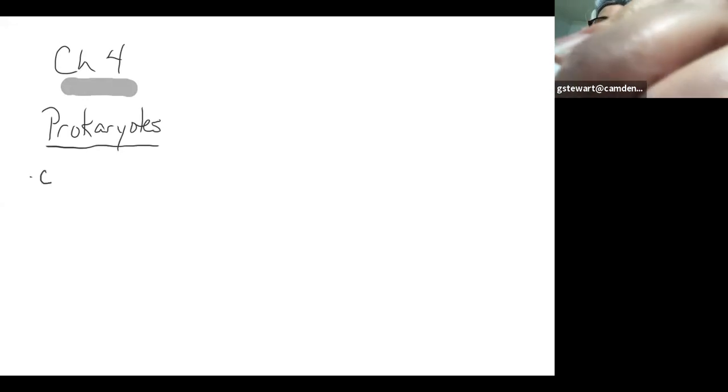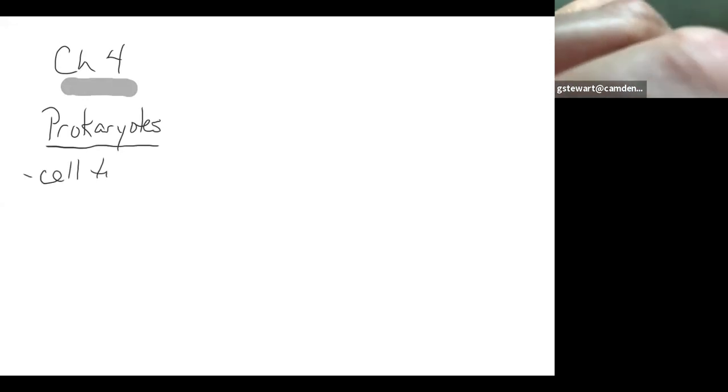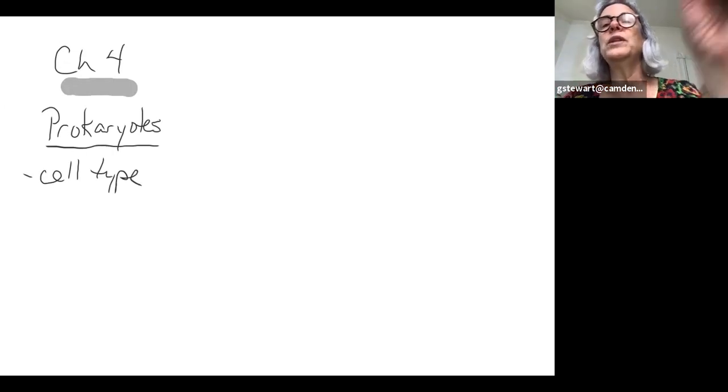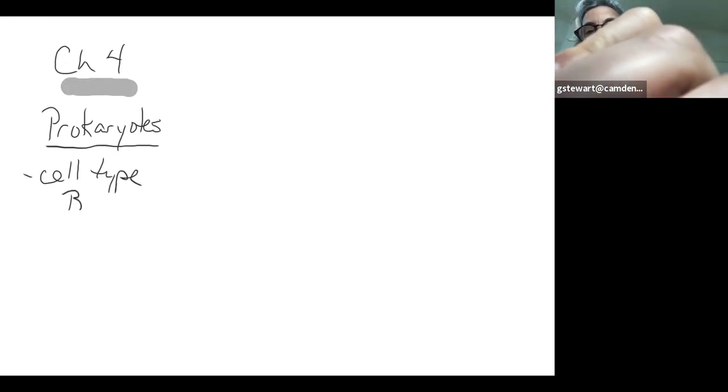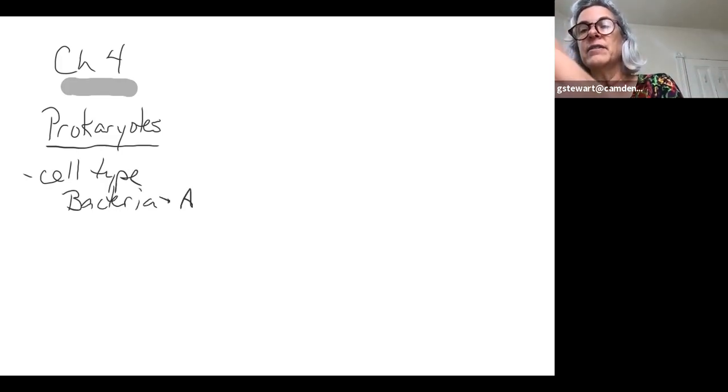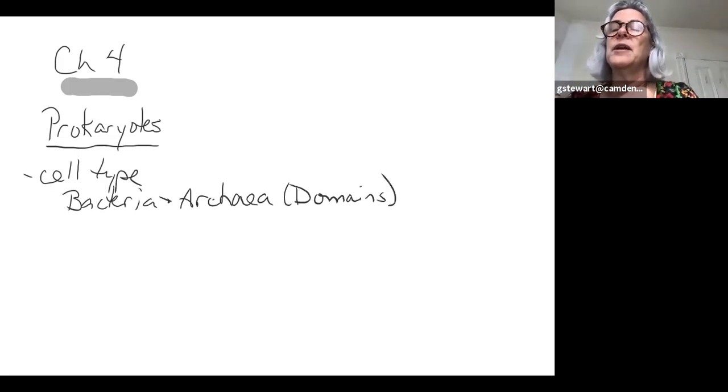And remember, only bacteria and archaea, those are the two domains, large groups of living things that are prokaryotes. You are a eukaryote, and animals, plants, fungus, and protists all go in the eukaryotic category.